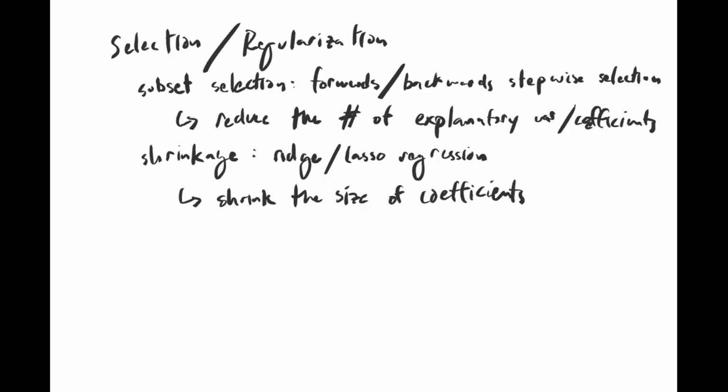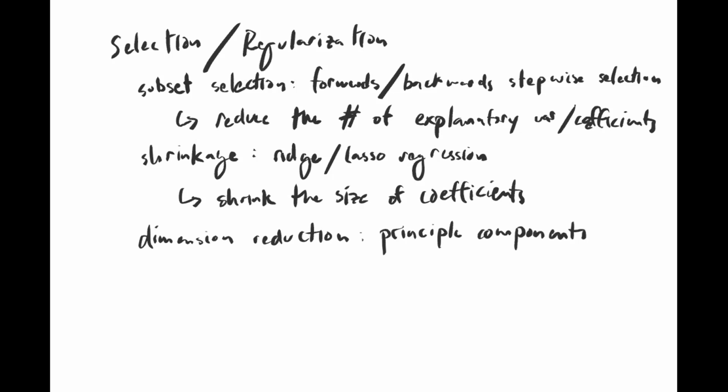And then today what we're going to look at is something known as dimension reduction. What we're going to look at is known as principal components analysis, or PCA.